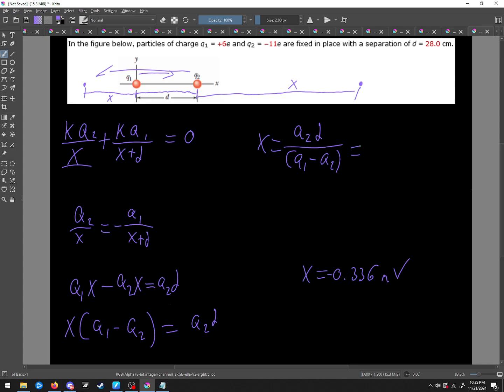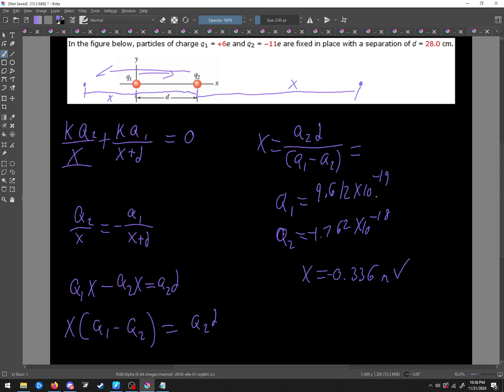We're going to multiply that by 0.28, and that's going to be over Q1, which is 9.62 times 10 to the negative 19, and then Q2 equals negative 1.762 times 10 to the negative 18.